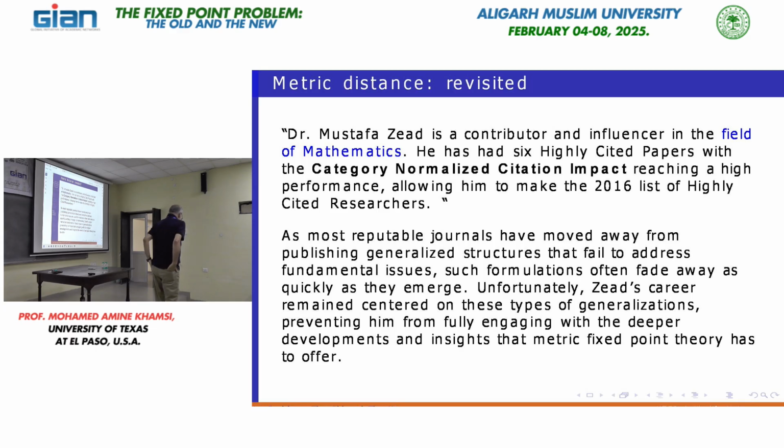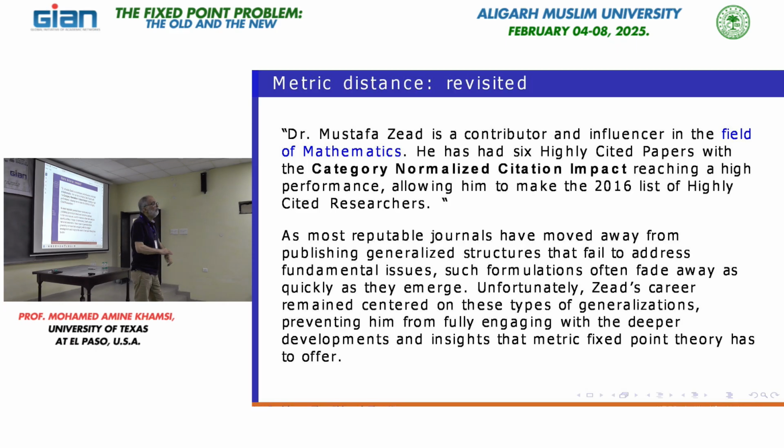Now, Brayley wrote a book on these 2 pages. A book on these 2 pages. I know what Brayley knows. This is not a joke. Wait a minute, Brayley. How on earth did you kill Ziad? How did you allow Ziad to work only on G metric? Why did you not teach him more on fixed point theory?